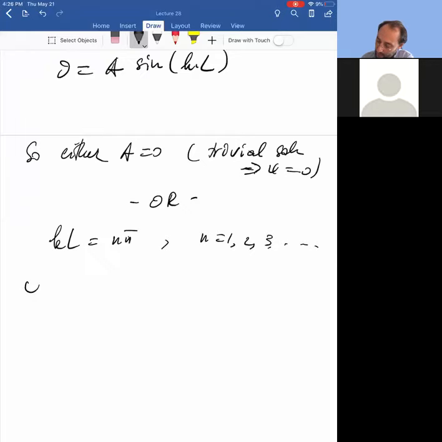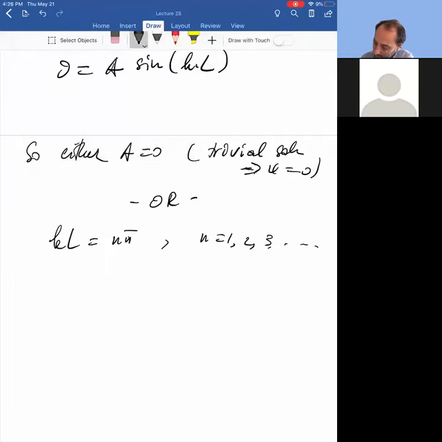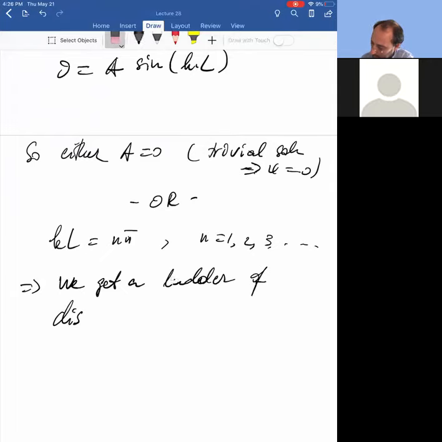So boom, we get a ladder of solutions. We run into quantization. We get a discrete ladder. It has discrete steps, step 1, step 2, step 3, step 4.